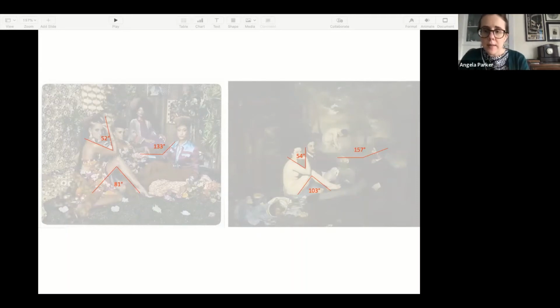Here, the man on the right-hand side of the Manet, with a hand pointing, gesturing to the other side of the painting, with the slight shift of an elbow turns from a gesture of pointing to one of offering, with a small faux flower in the hand of the female figure in the Thomas piece.